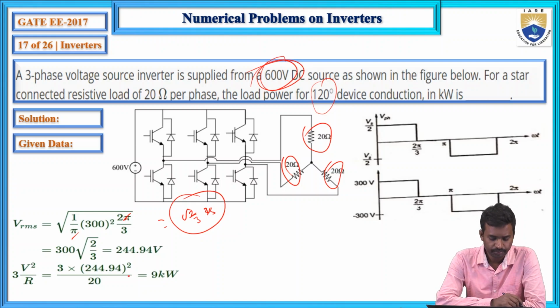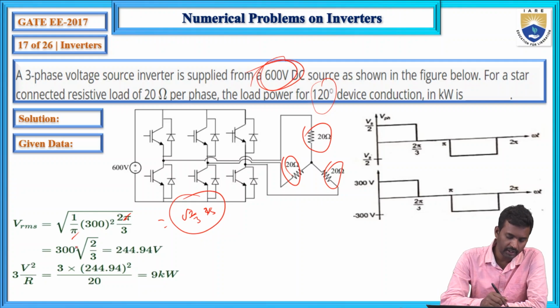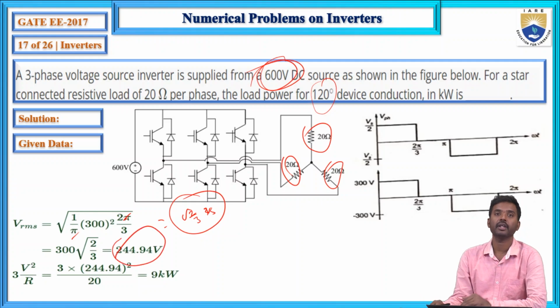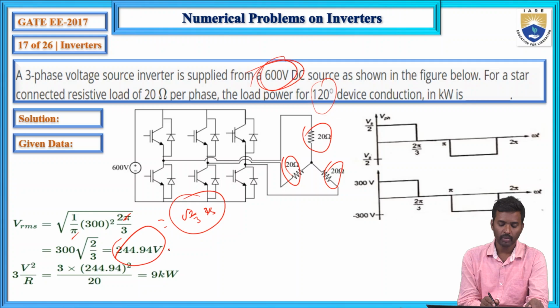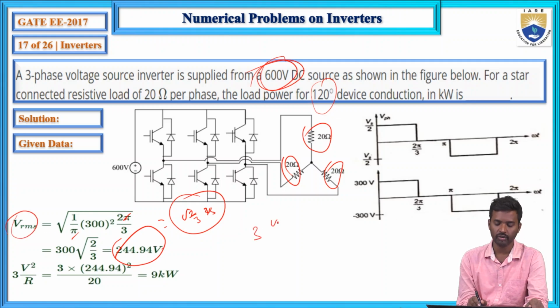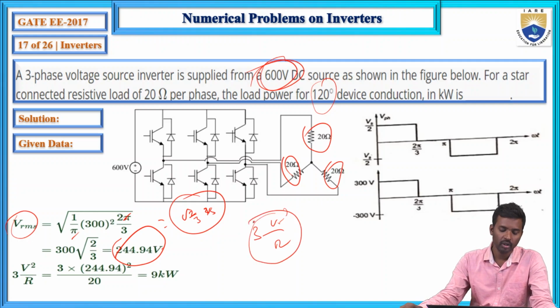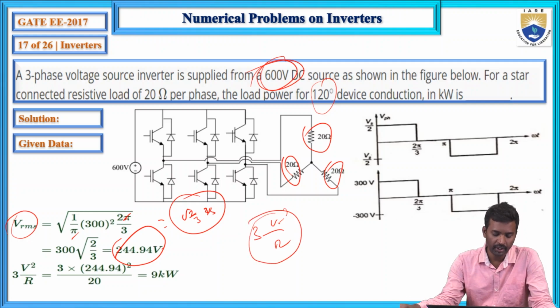So now this is 244.94. Now multiply: 3 into Vrms squared by R is the power consumed by the load. 600 by 2 times 1 by root 3, so this is 1 by root 3.